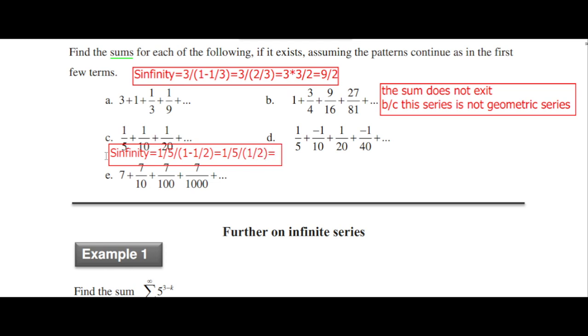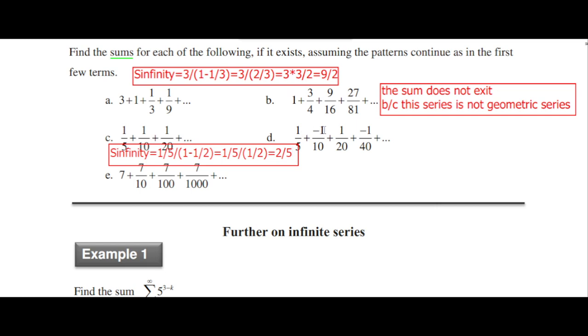This is equal to 1 over 5 divided by 1 over 2, which is 1 over 5 times 2 over 1, so 2 over 5. So the sum of this series C will be 2 over 5.